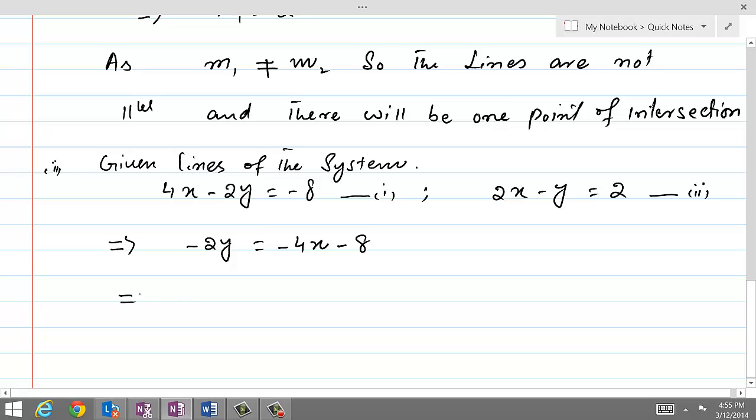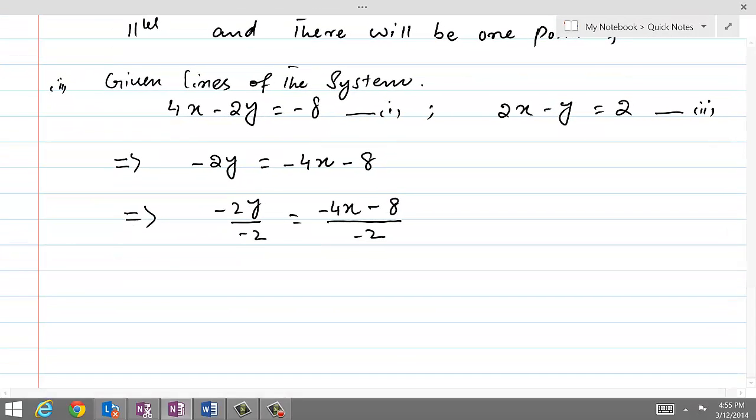And if now we divide minus 2y by minus 2 equal to minus 4x minus 8, and then divide throughout by minus 2, this should give us y equal to 2x plus 4.